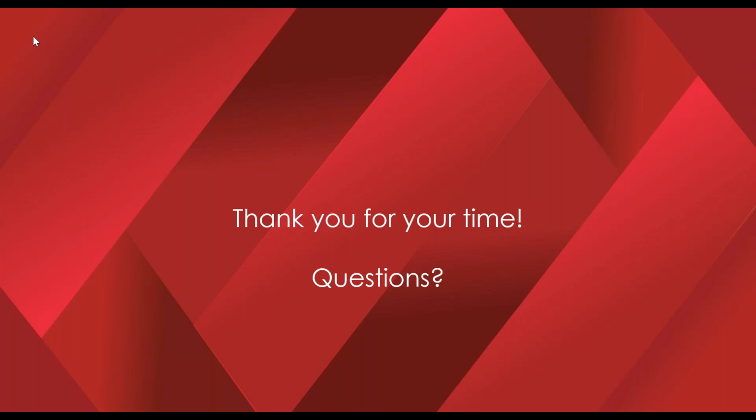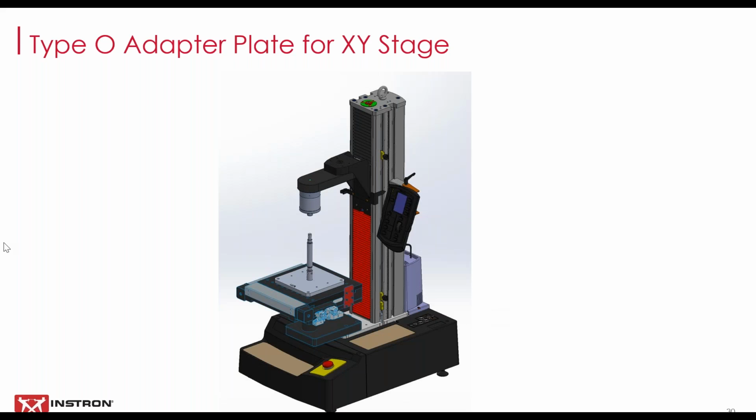I've compiled a few questions that came in already that I think will have the most relevance to the audience here today. First question we have here is, how are fixtures connected to the XY stage, and can a normal grip connection type be added as well? So fixtures are connected by bolting them onto the XY stage based on the 4 M5 threaded holes on top. Instron has made custom fixtures for customers in the past, but sometimes customers also will like to design their own.